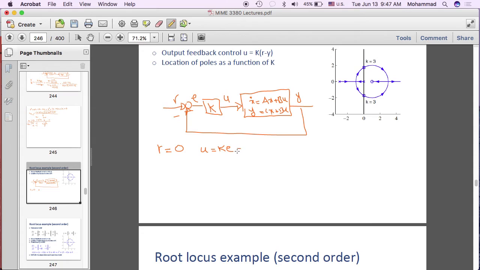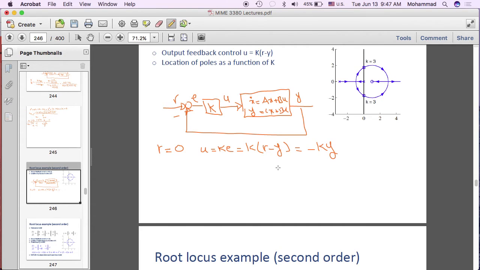But what is e? e is the difference between r and y. And if r is 0, e simply becomes minus y. So u becomes minus K times y. So the input to the system simply becomes minus K times y. Can you see that? If r is 0.